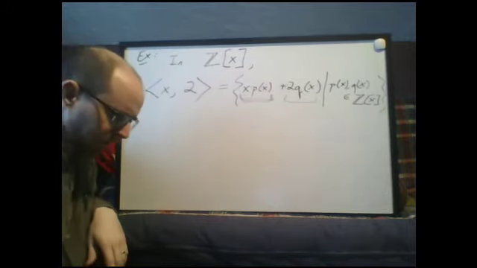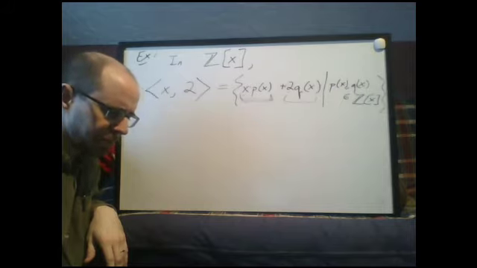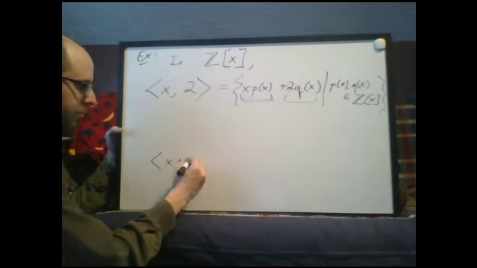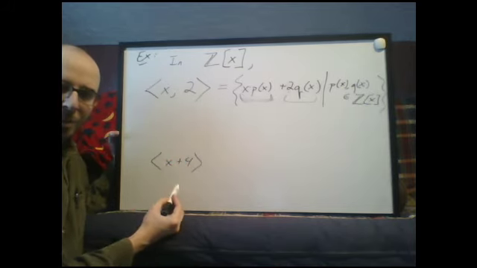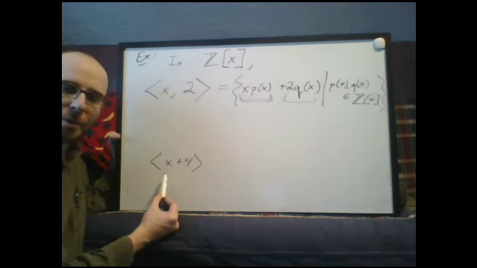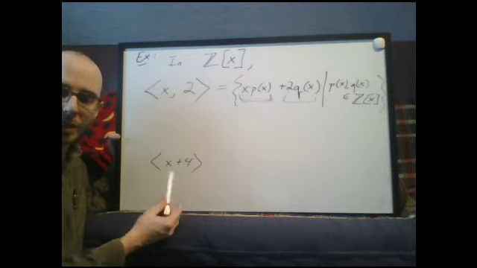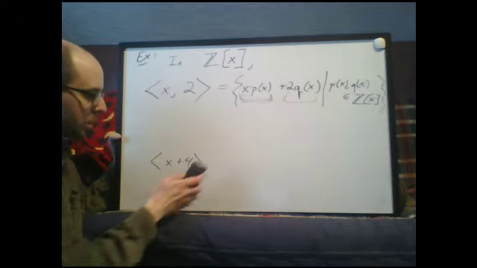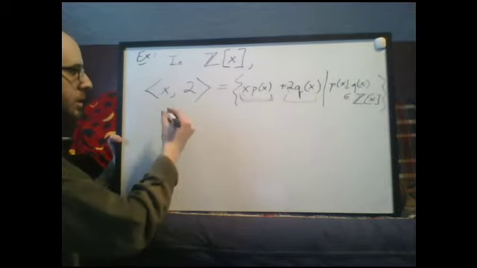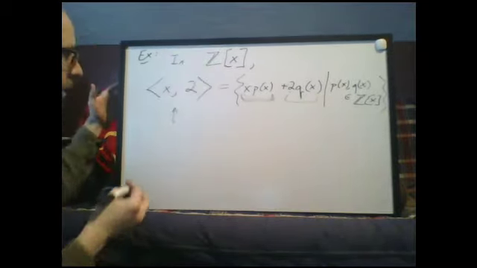Because kind of like we saw with our earlier example, if I pick a polynomial like this, it tells me what a root of the polynomial has to be. So if it's generated by x plus 4, that would be the set of polynomials that have negative 4 as a root. Okay, so let's just leave it like this.